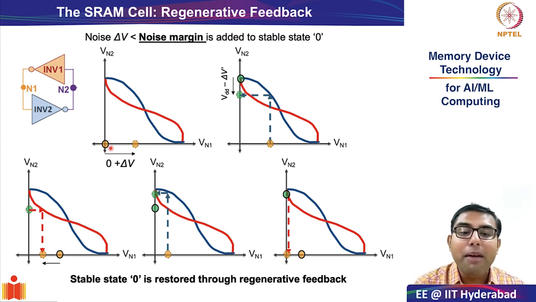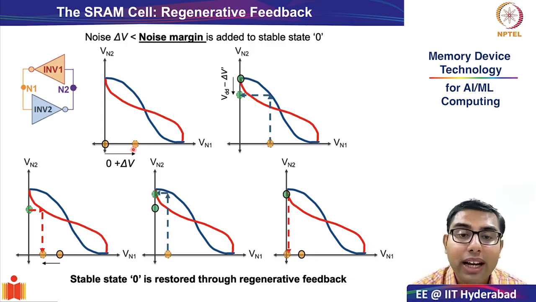So this is a very important concept. So very quickly I'll give you a recap. Very simple. You added a small noise on Vn1 and you saw which is the corresponding loop to find out what should be the value of Vn2.